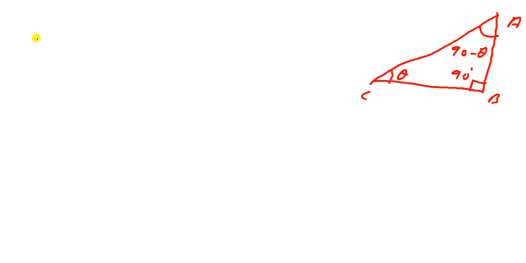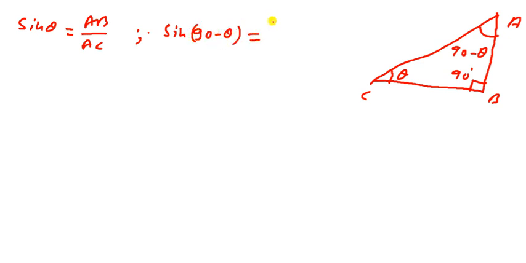and in this triangle there is A, B and C, and this angle is 90 degree. Suppose it is your theta degrees, so this one is your 90 minus theta degree. Suppose you want sin theta, it is perpendicular upon hypotenuse, so sin theta is AB upon AC.